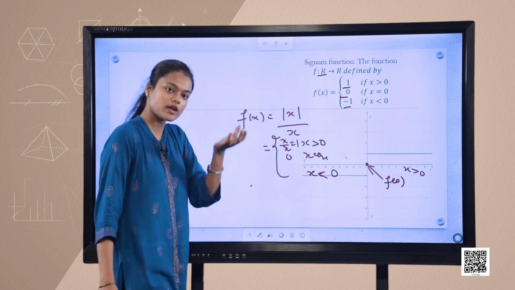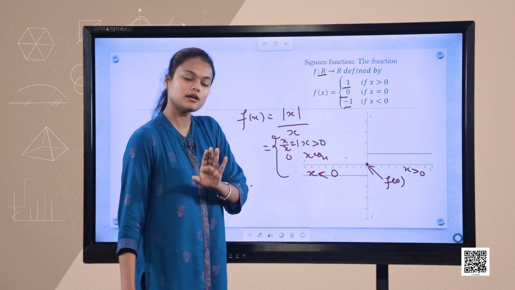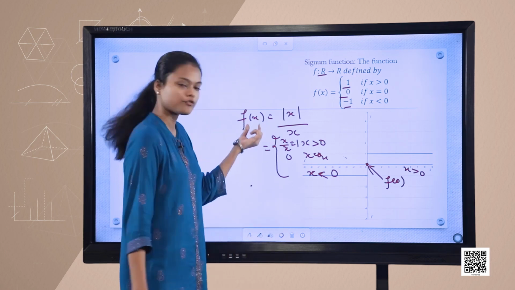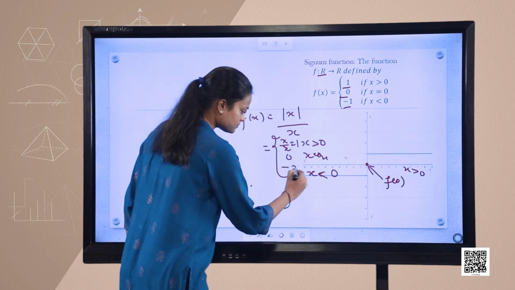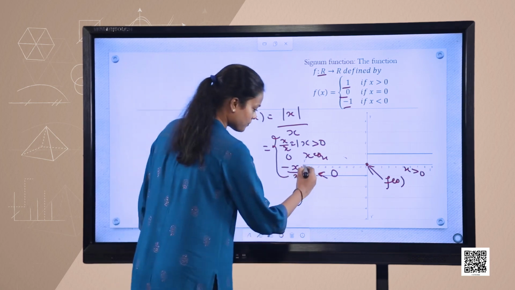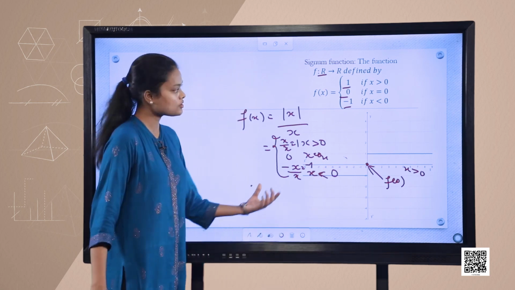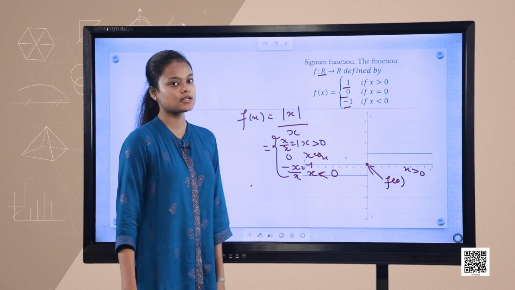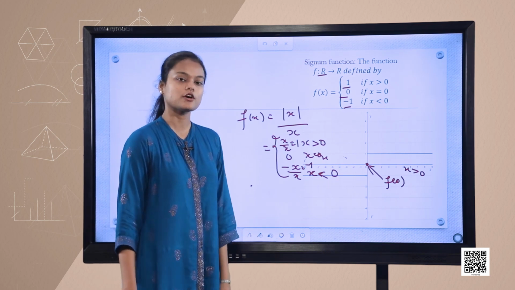Negative x. That means whenever x is taking negative values, the negative of the negative x will be the value of the function. So this gives you negative 1. This is how we are given this function, and this function is known as the signum function.